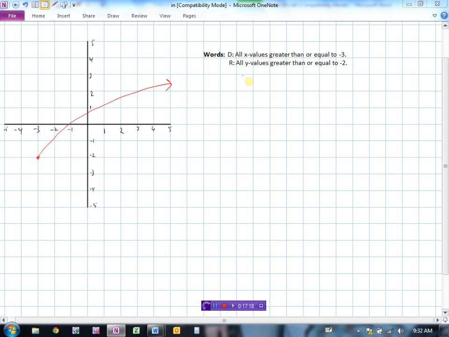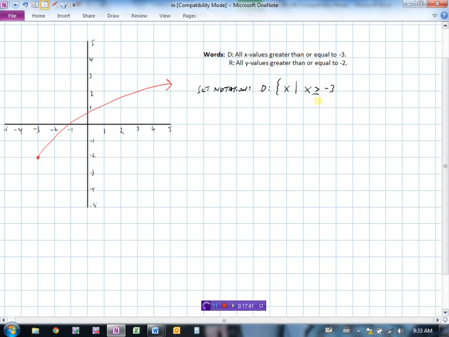Now, if we were going to write this in set notation, the domain would look like this. The set of all x values such that x is greater than or equal to -3.